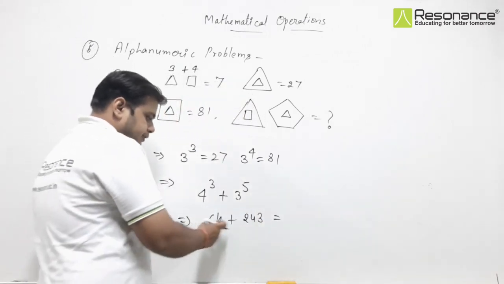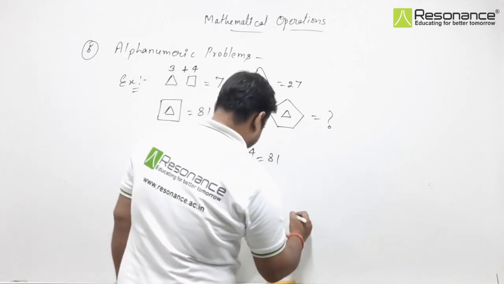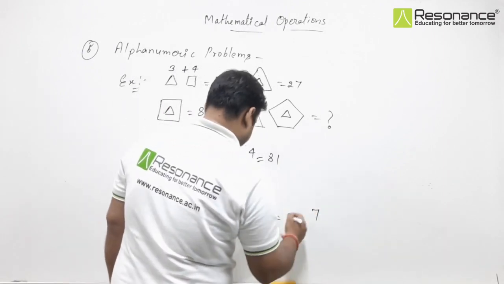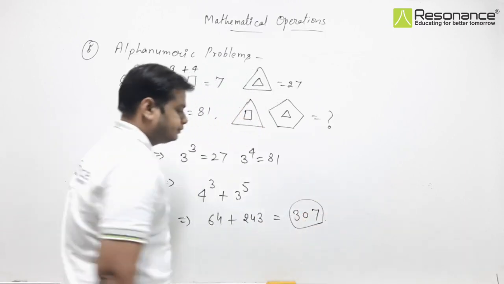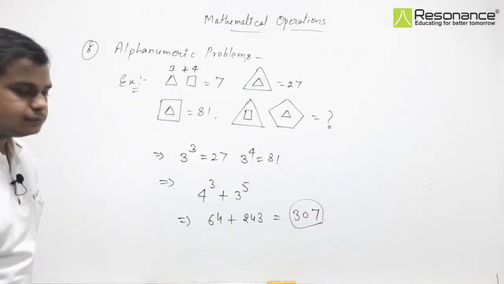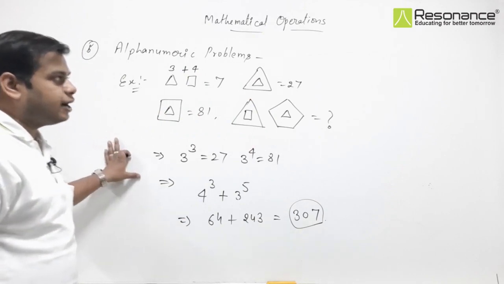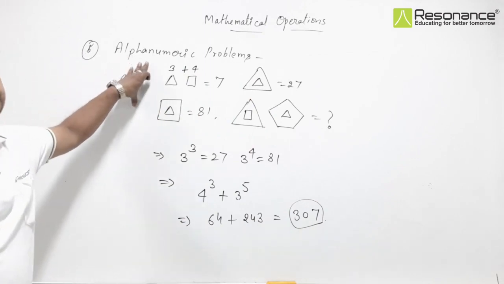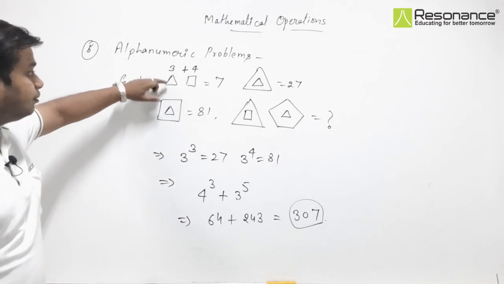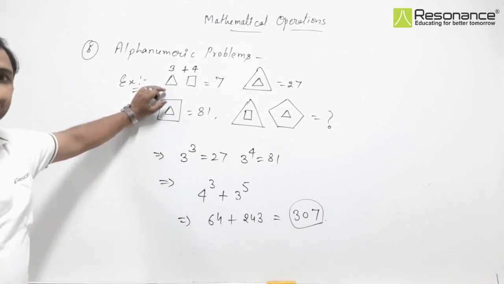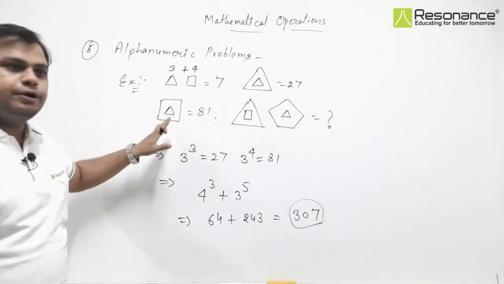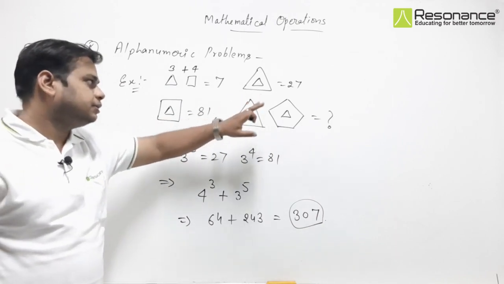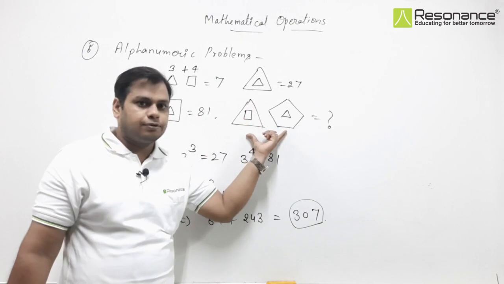So when we solve this, we will get 307. So this is also the kind of alphanumeric puzzle where numbers are replaced by some diagrams. We have to understand the relation between diagrams, what is going on and how we are finding the numbers. Then we have to apply it for the particular diagram.